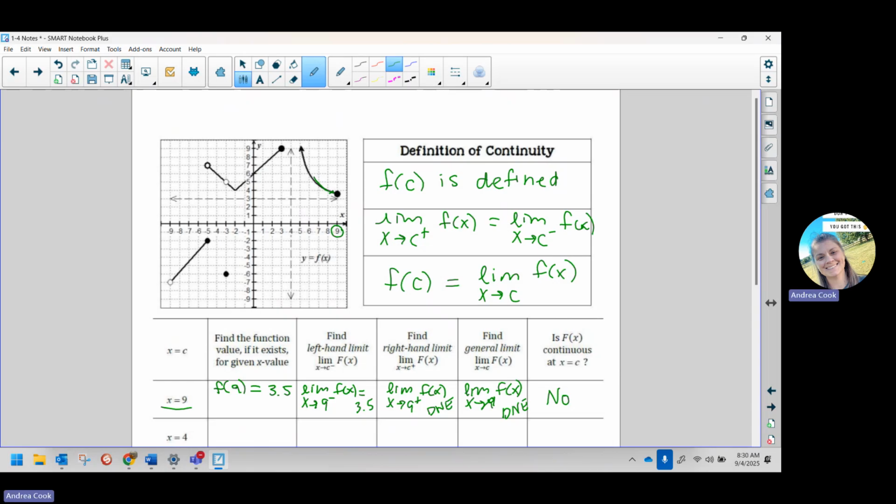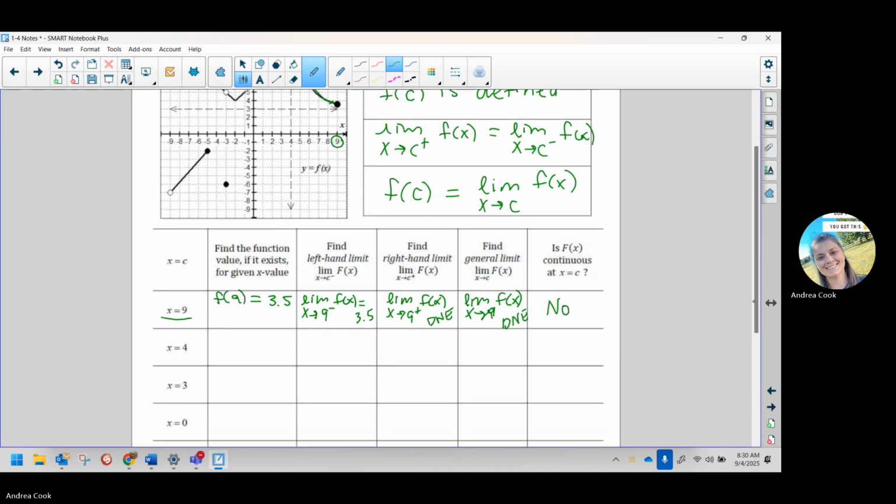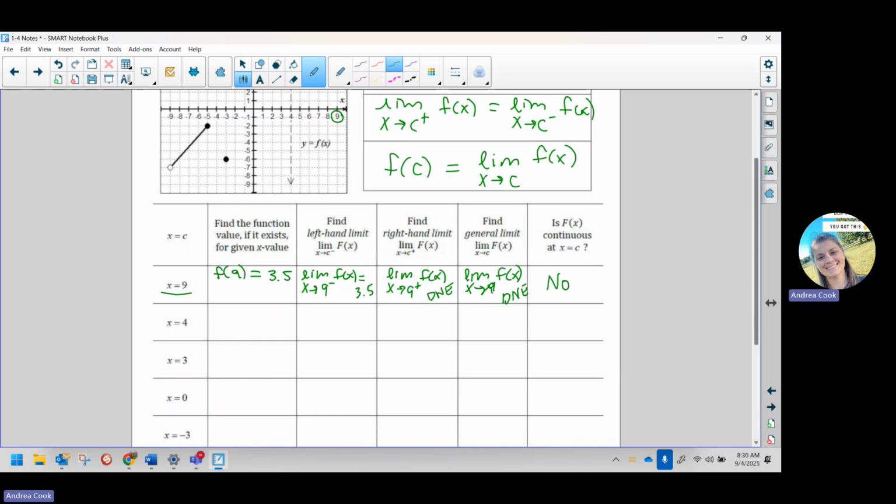Maybe we'll do one more together and then I'll give you a few minutes to try to fill in the rest of it. Let's do the one at x equals 0.